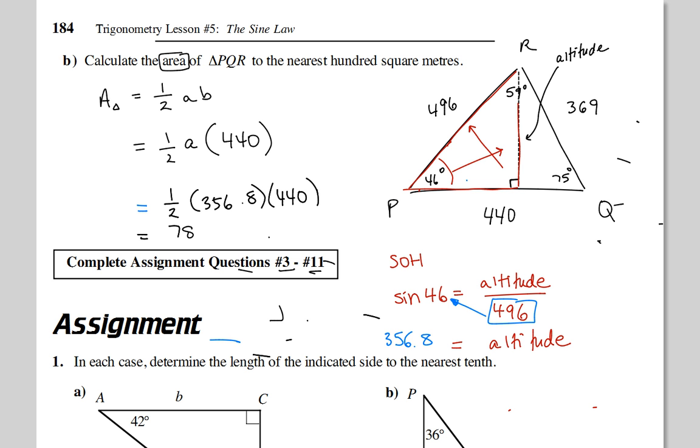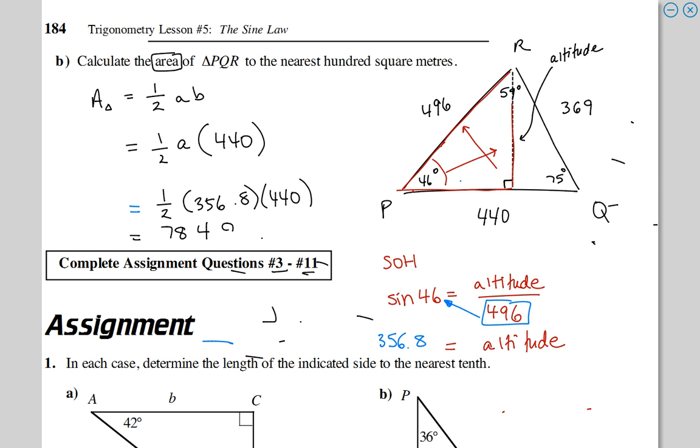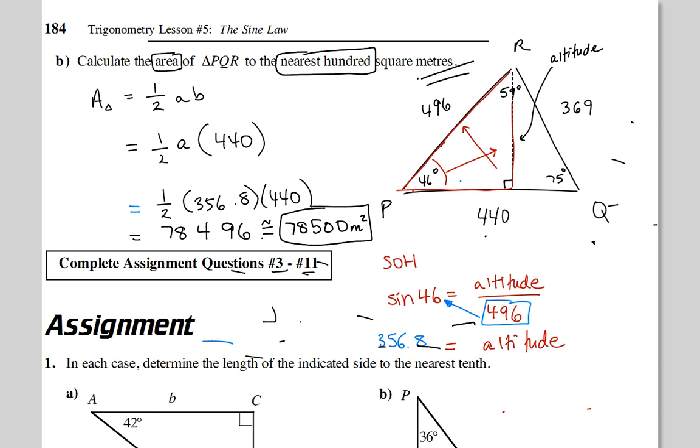I get 78,496. And then it wants me to round it to the nearest 100 just to avoid that rounding error. Nearest 100 would be 78,500. And the unit for area, square meters. We are done.